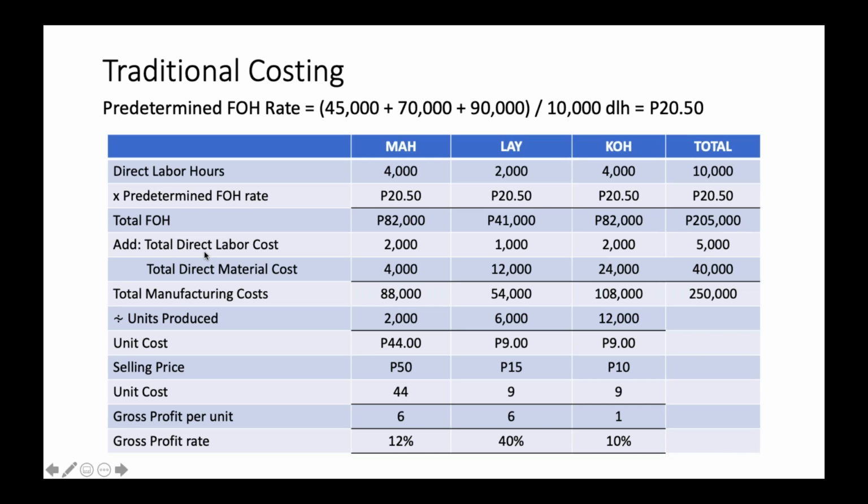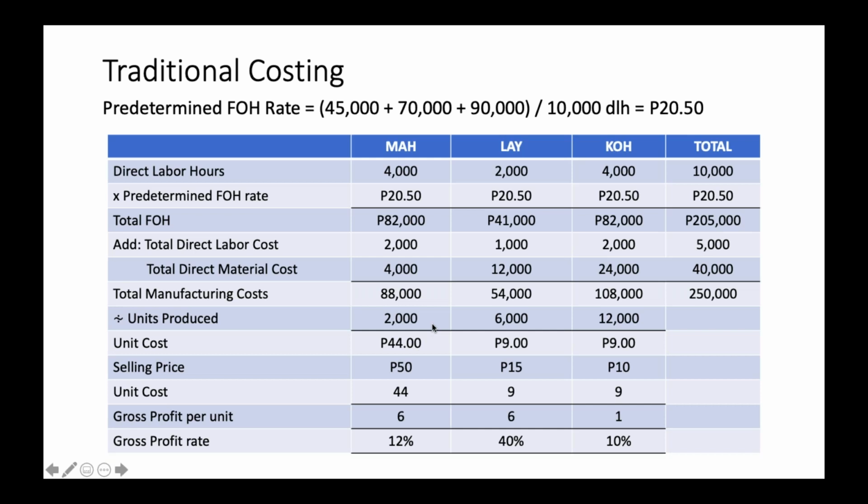Add the prime cost, labor and materials, 2,000 and 4,000, 6,000 and 12,000, 12,000 and 24,000. So the total manufacturing cost for Ma is 88,000, for Lai is 54,000, for Ko is 108,000, for a total of 250,000. Divide by the total units produced.